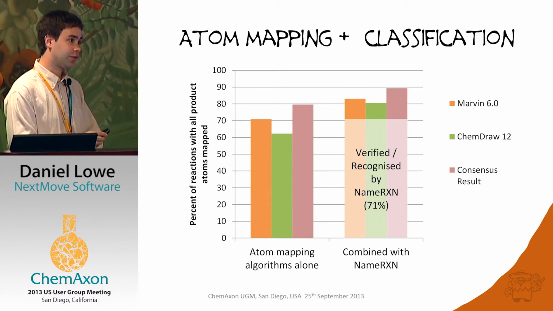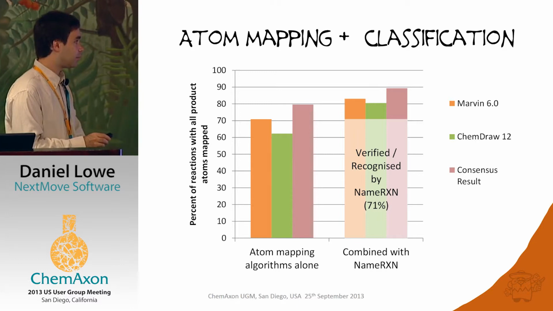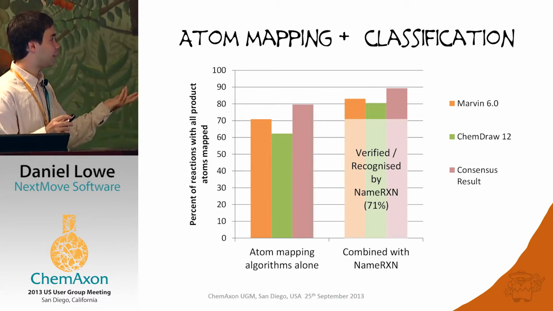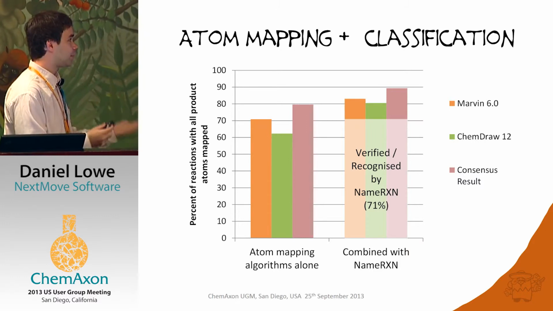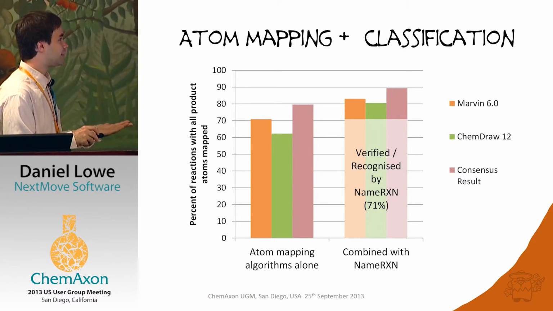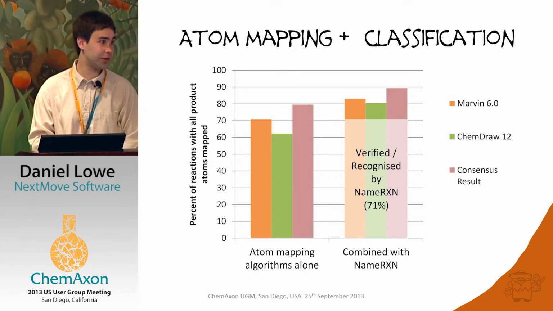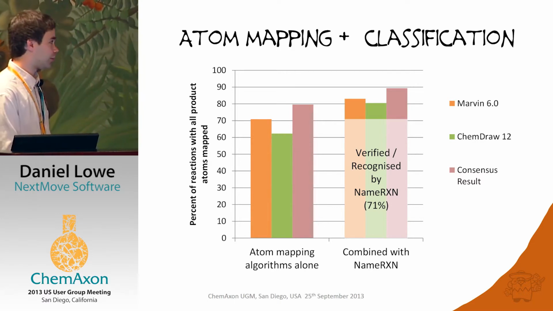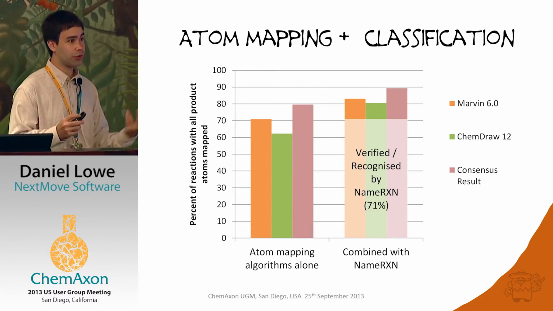NextMove software, one of the things we've developed, is some reactant classification software, and if you combine the ones that can be classified with the ones that can be atom mapped, you can get closer to 100%. Still not 100%, but again, I'm not sure whether 100% is even an ideal goal on such a set. But classification also has its own drawbacks.